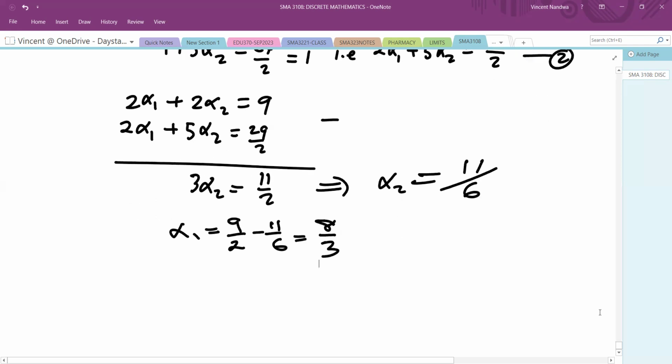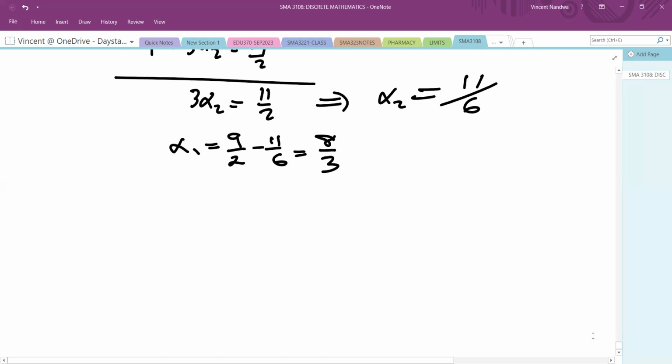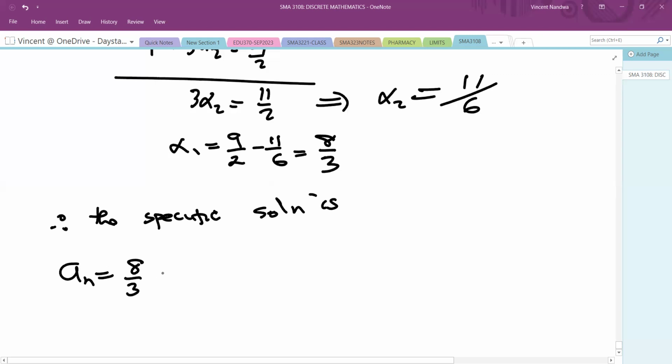So therefore, with those two values of the constants, alpha 1 and alpha 2, we now have the specific solution: a_n equals 8 over 3 times 2 power n plus 11 over 6 times 5 power n plus minus 9 over 2 times 3 power n.